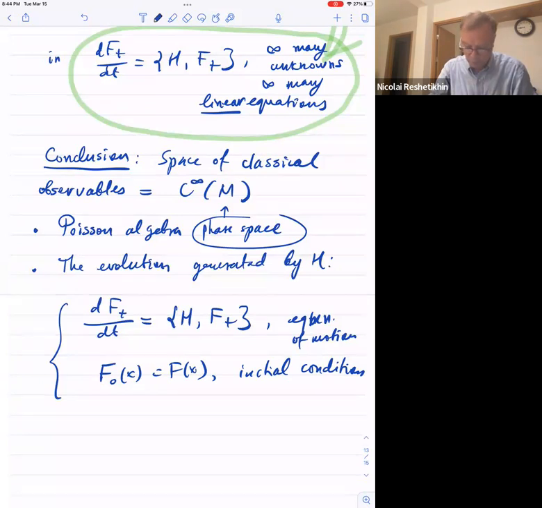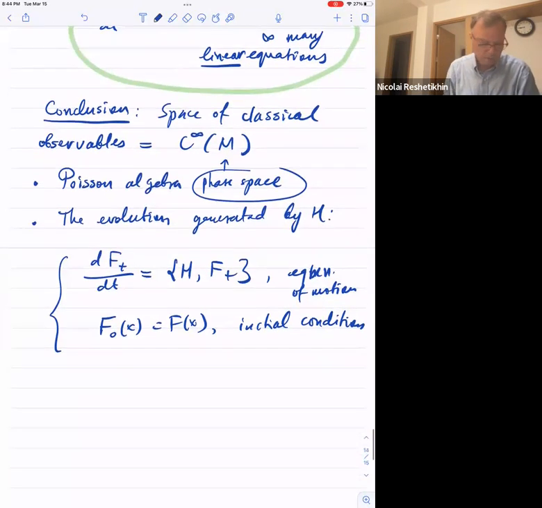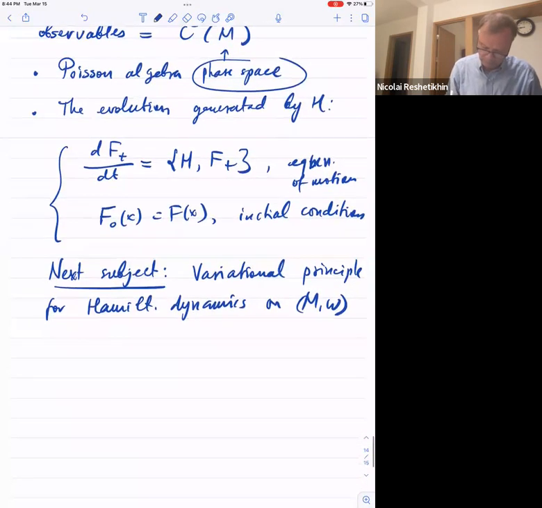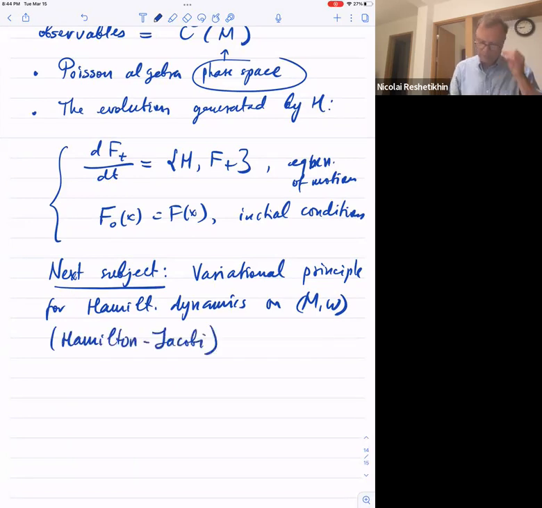Okay, so it's almost time to stop. I think I will not start the new subject now. The next subject is the variational principle for Hamiltonian dynamics on a symplectic manifold, the so-called Hamilton-Jacobi principle.